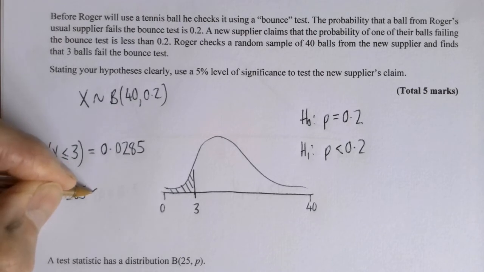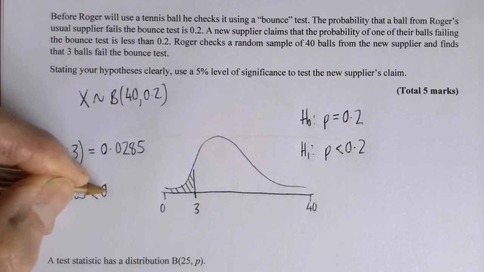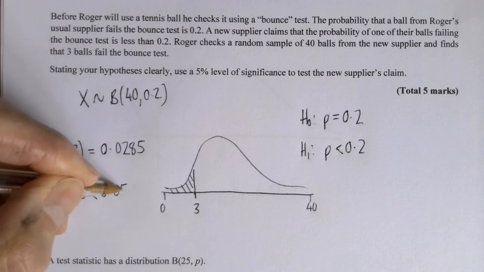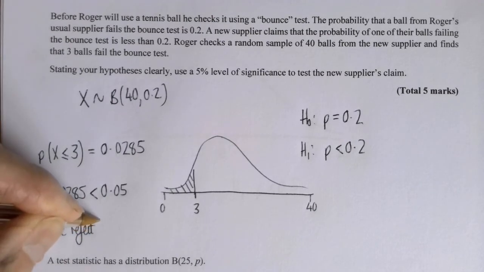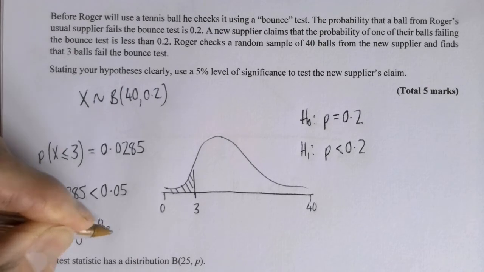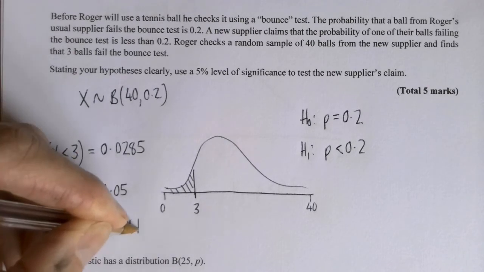Now, 0.0285 is less than 0.05. So this is just too unlikely. Okay, so we reject the null hypothesis. We reject H0.